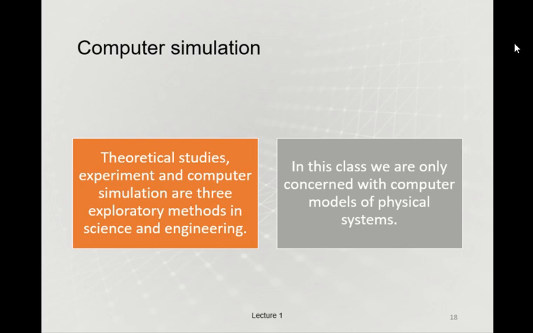Simulation is calculating the values based upon your own data. So you have a model, you have an equation, and you put some values in it, you get the answer. You simulated something.